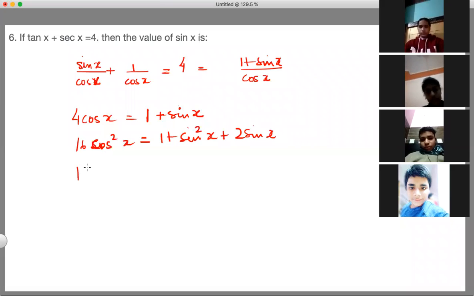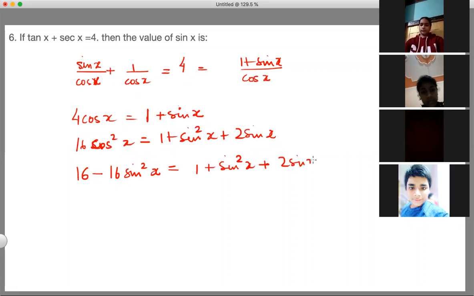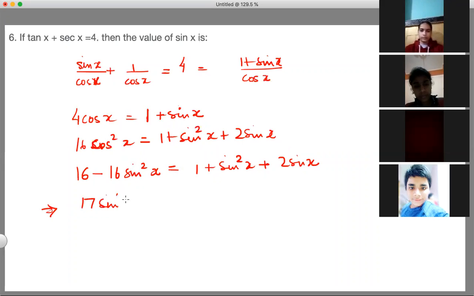This can be written as 16 minus 16 sin square x is equal to 1 plus sin square x plus 2 sin x, right? So we will take everything on one side, so we will get 17 sin square x and minus 15 plus 2 sin x, that's equal to 0, right?